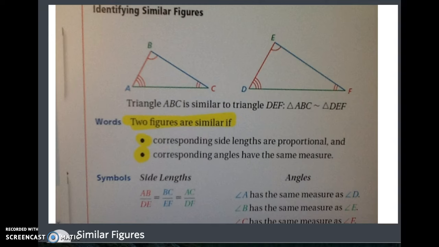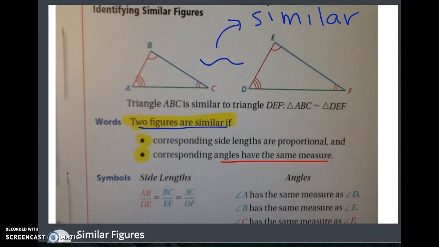Alright, so first thing that we talked about in class today was similar figures. Two figures are similar, and here's the symbol. Remember, that means similar. Two figures are similar if, here's what we figured out today and this is in your notes, the corresponding angles have the same measure.